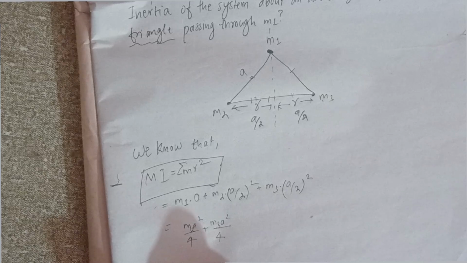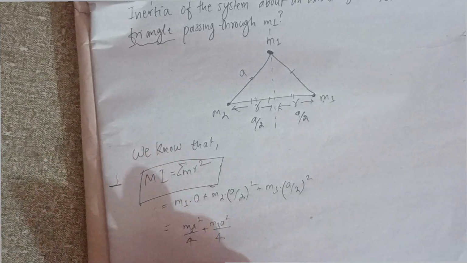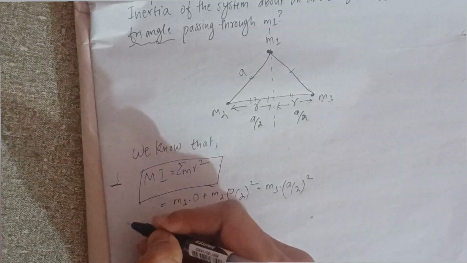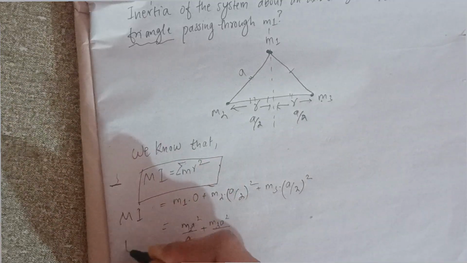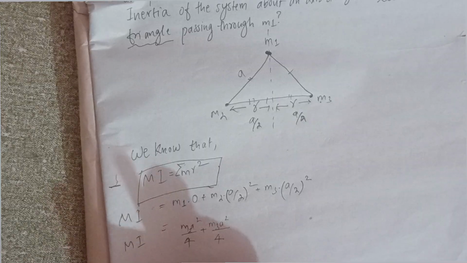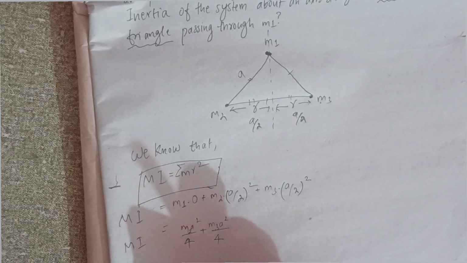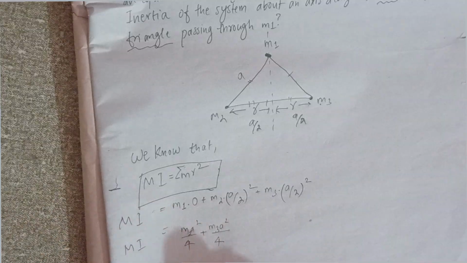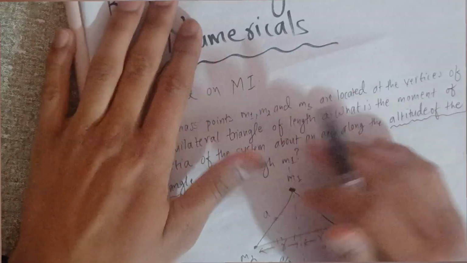If you take a square by 4 common, then the moment of inertia will be equal to a square by 4 times m2 plus m3. This is the moment of inertia of the triangle as given by the question.